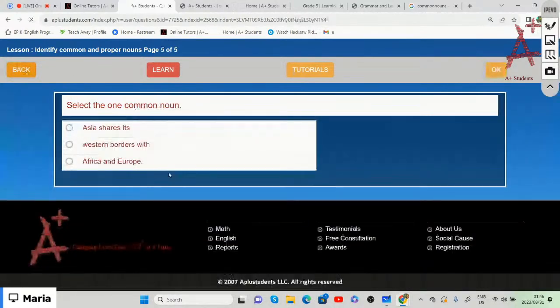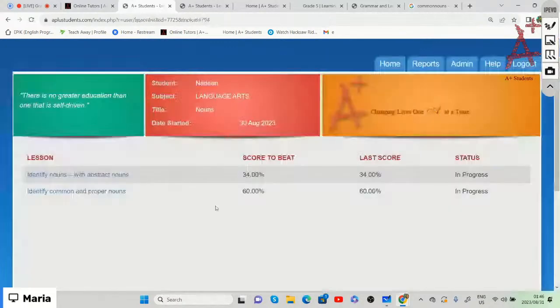All right. So basically, that is now our lesson or chapter on nouns. We identified abstract nouns, and we also identified common and proper nouns. We said that abstract nouns are ideas, things that you cannot physically see, hear, touch, smell, or taste, like strength and power and ideas and information.